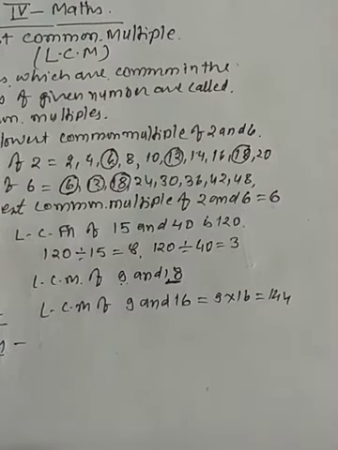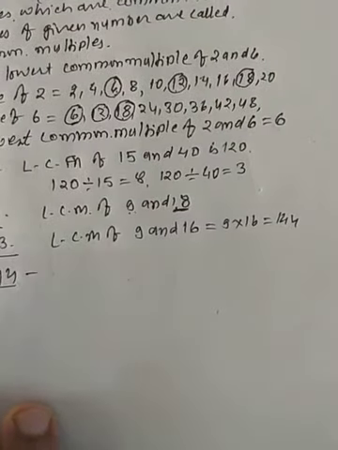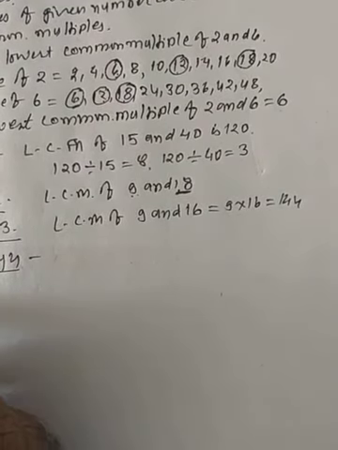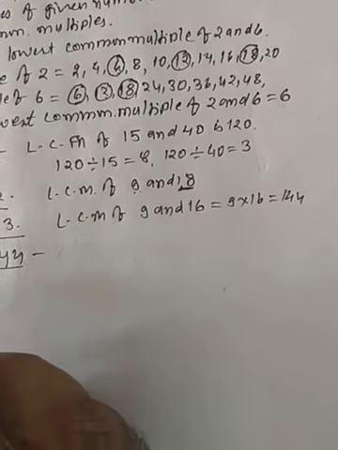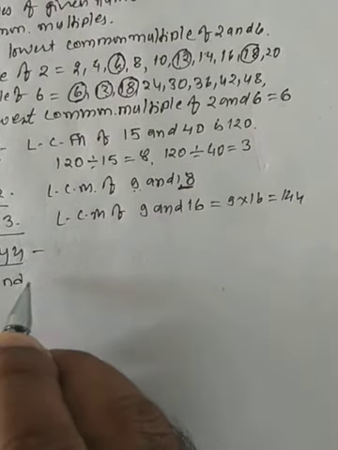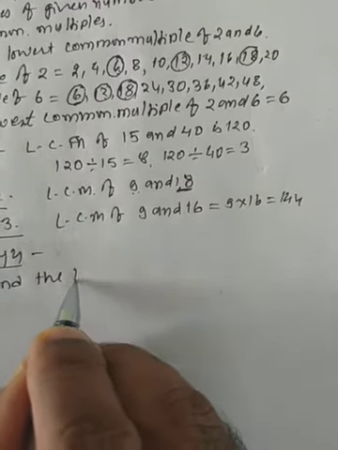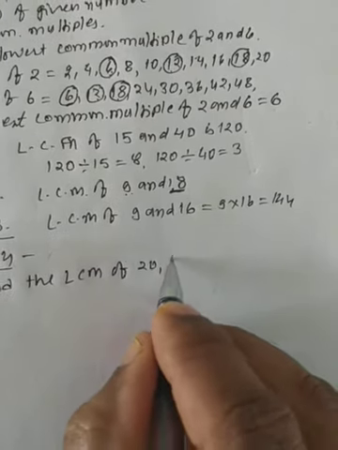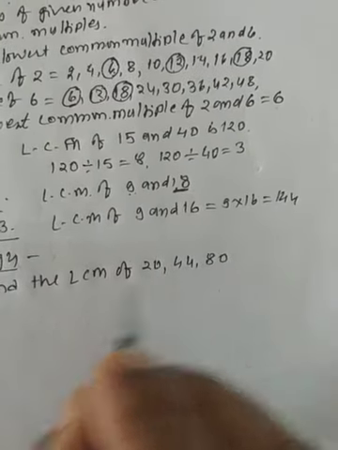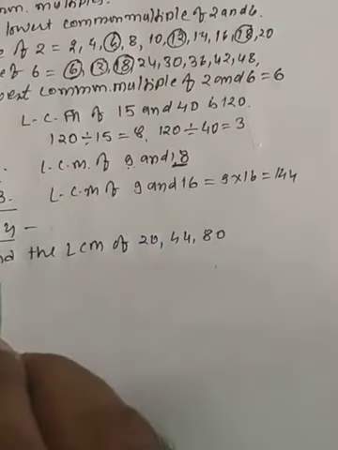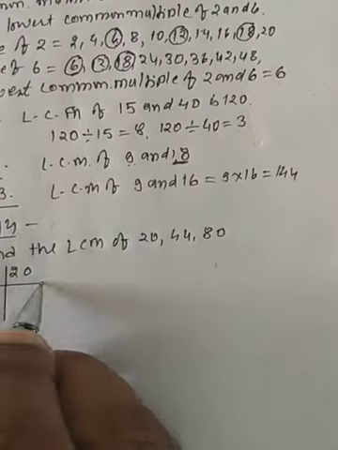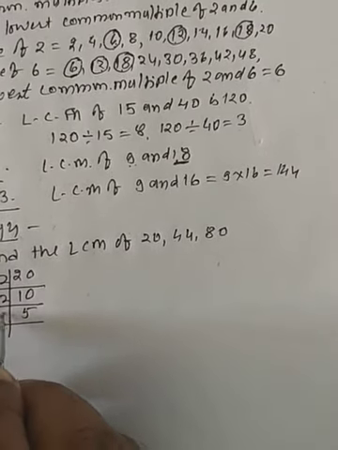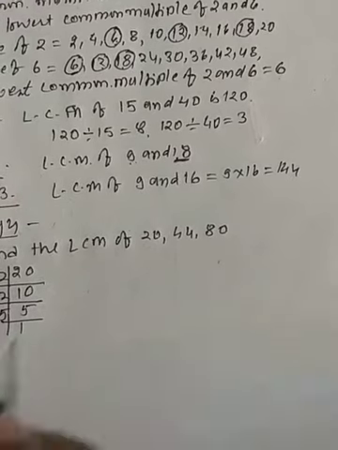Okay? Now see here, how can we find the LCM? So the example is, find the LCM of 20, 44 and 80. The prime factors of 20: 2, 10, 2, 5, 5, 1.